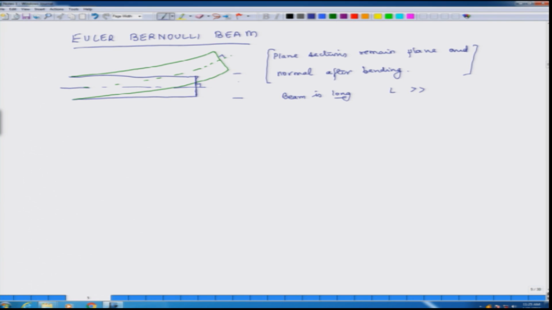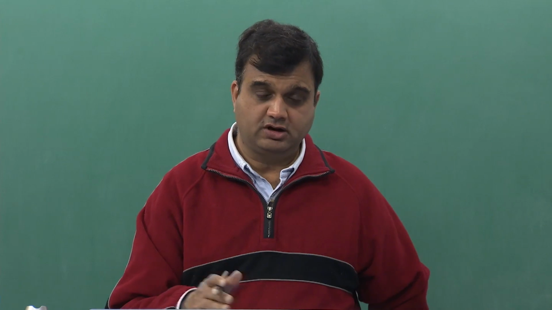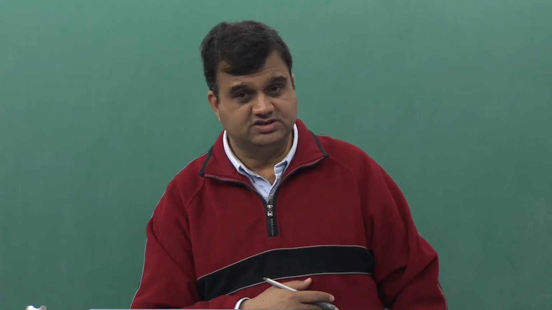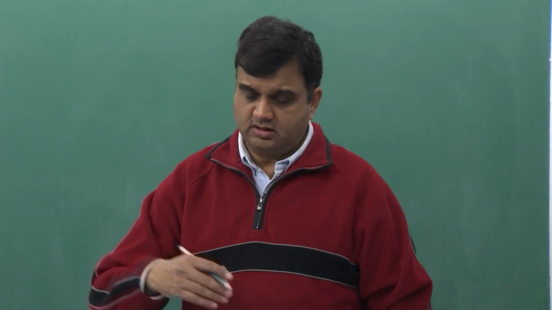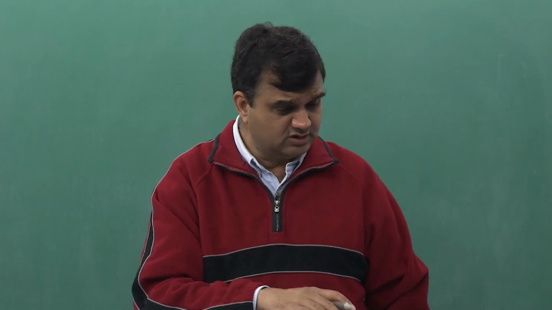So, let us say the overall thickness is some thickness T, then the length is very large compared to T. For short beams or thicker beams, this may not be true. So, then the Euler-Bernoulli assumption that plane sections remain plane and also normal may not necessarily be true. In the last lecture we will discuss a little bit about those beams also.